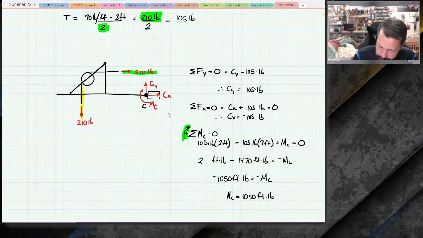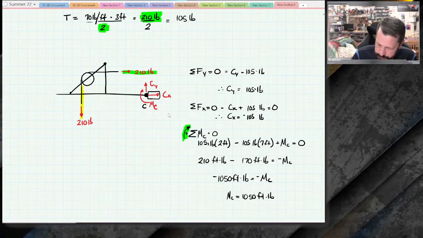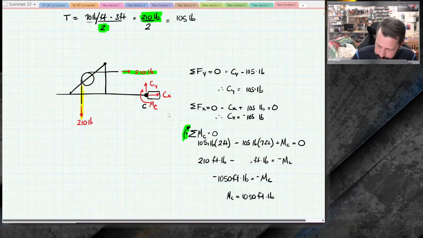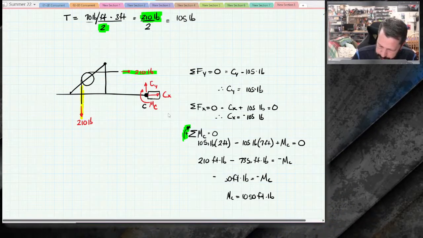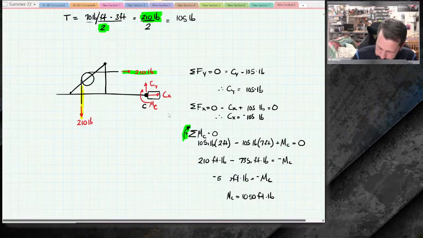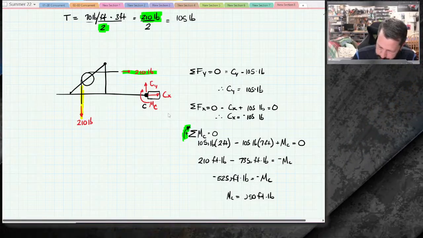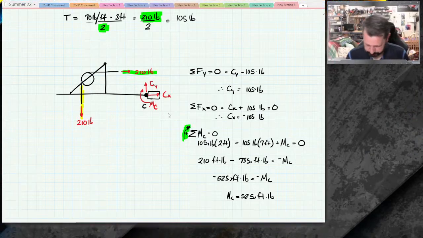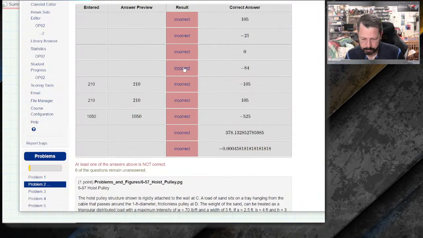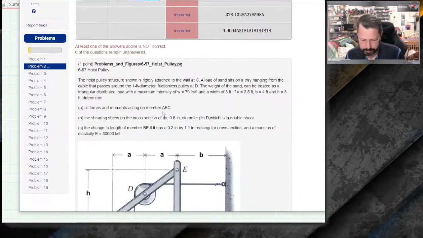And that becomes 210. This becomes 735. This becomes 525. All right. And it did want some negative signs on there.